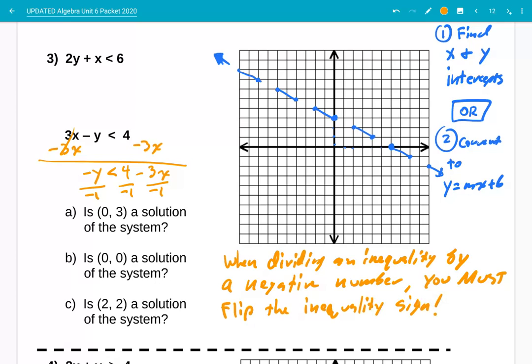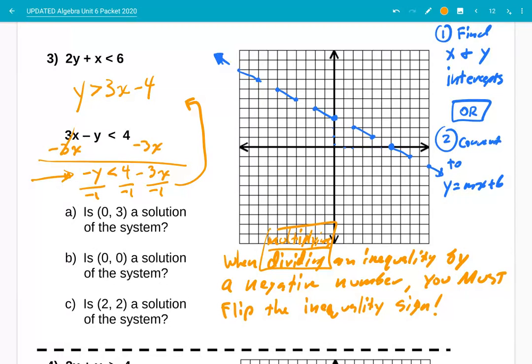Remember that when dividing or multiplying. When dividing or multiplying an inequality by a negative number, you have to flip that inequality sign. So this, put it up here. This is going to become y is greater than a positive 3x minus 4.